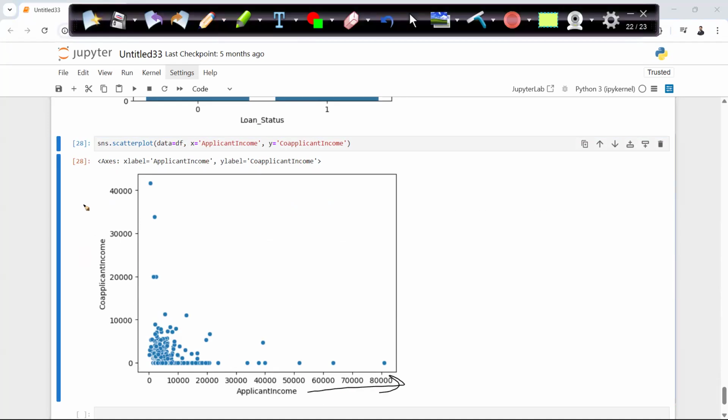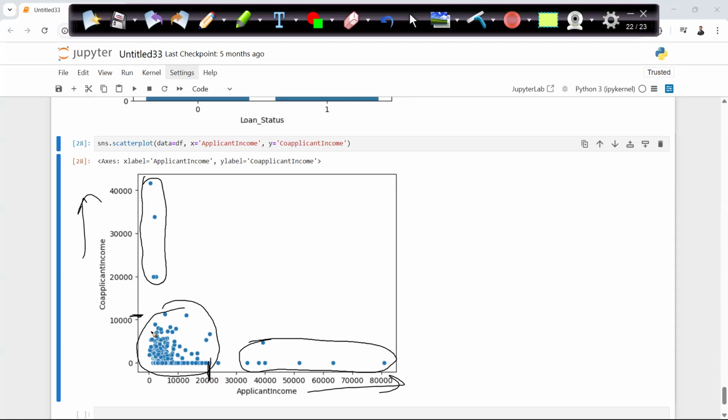So I see that few of the customers have higher co-applicant income, few of the customers have higher applicant income, but majority of the customers are in this range only, right? Between, let's say, 20,000 to 10,000. So in this, I don't see any pattern as such, right? I don't see anything. All are cluttered, right?